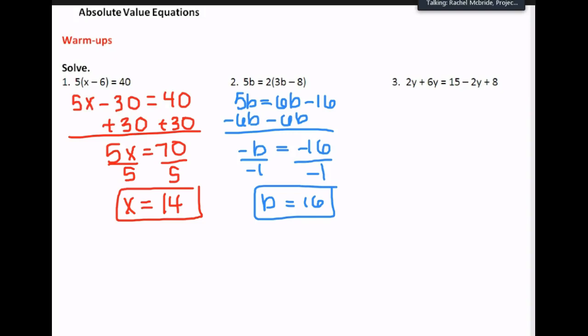In number 3, you want to combine like terms on the same side of the equation to start. So 2y and 6y is 8y. 15 plus 8 is 23. Then add 2y to both sides.